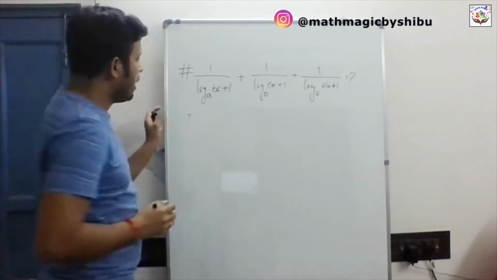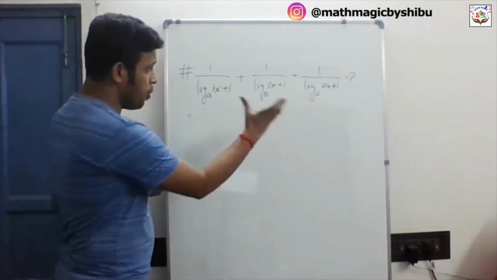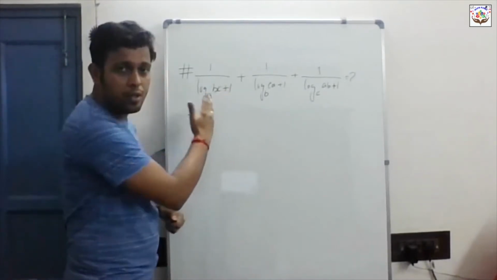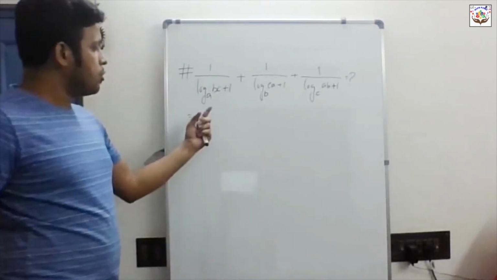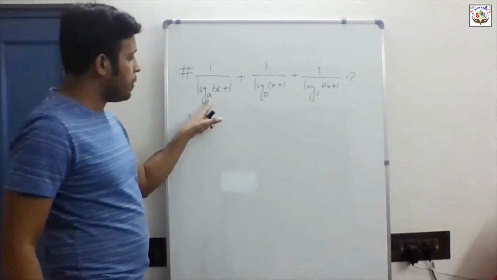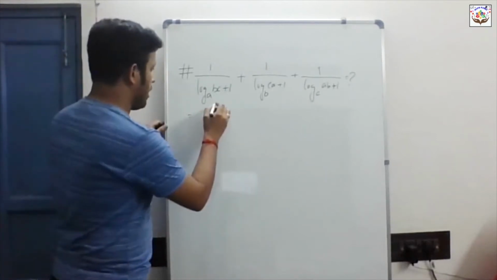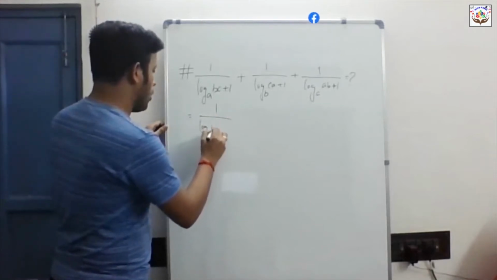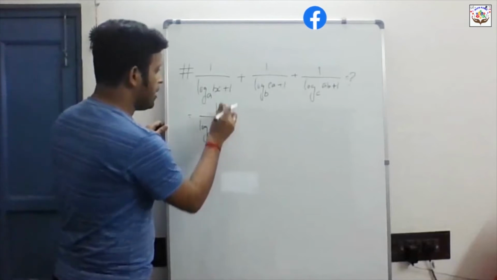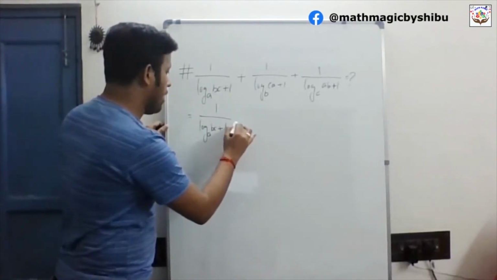For example, let us assume that the problem is divided into 3 parts: first part, second part, third part. In the first part, we can see the base is a. So we can write this as log a bc plus, instead of 1, I want to write log a.